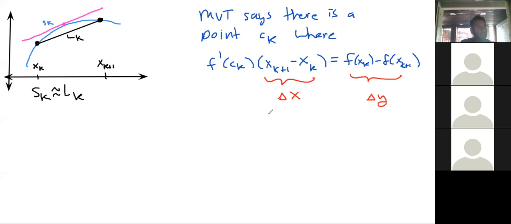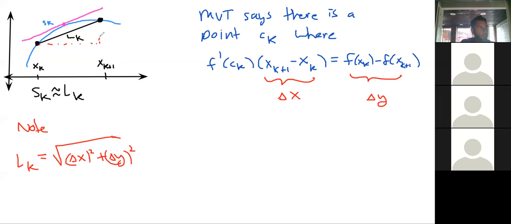Now, what is L sub k? Note, and this is just the Pythagorean theorem, L sub k by definition is the square root of delta x squared plus delta y squared. That's the Pythagorean theorem. If you just draw a triangle here, this is true.